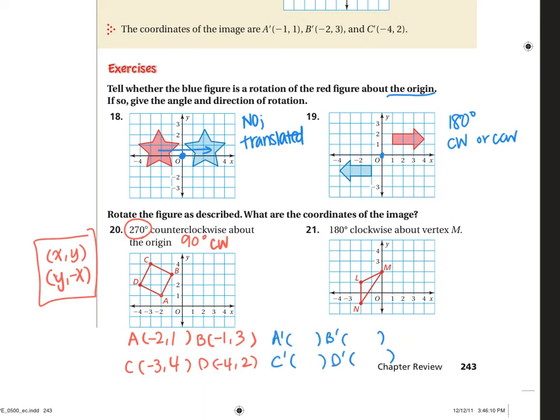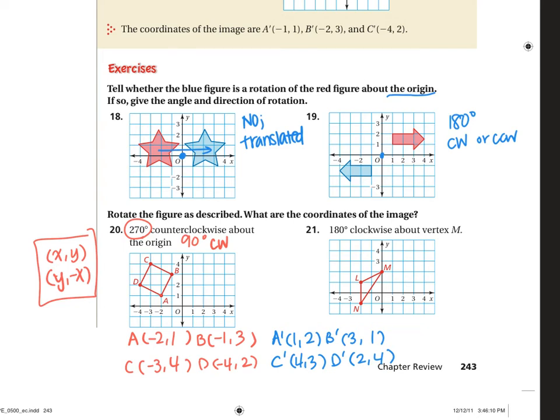So my A prime is going to be the opposite, so 1, 2. B is going to be 3, 1. C is going to be 4, 3. D is going to be 2, 4. So based on the rules, these are going to be the coordinates of the second shape or the image.